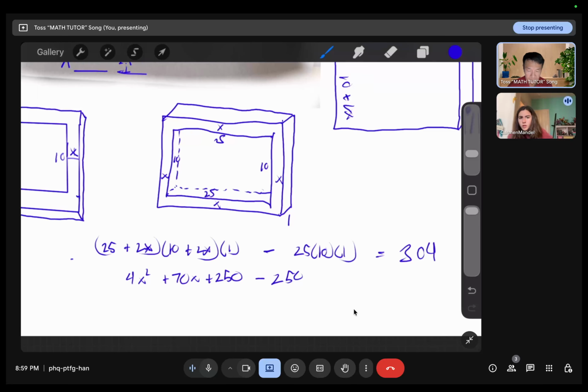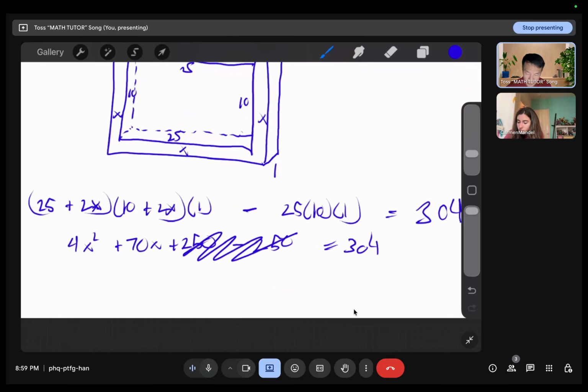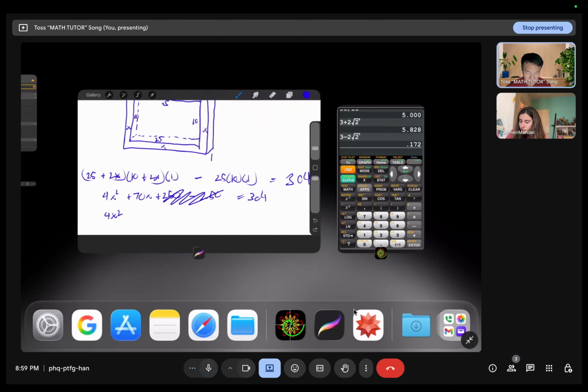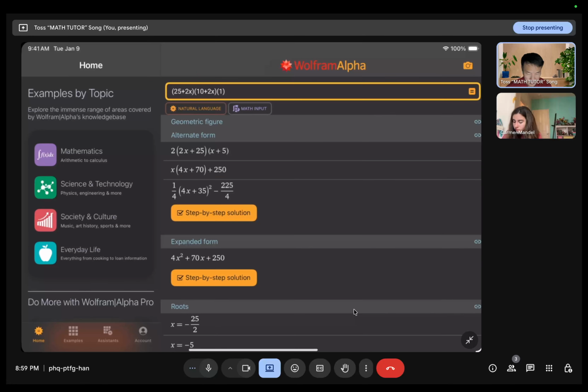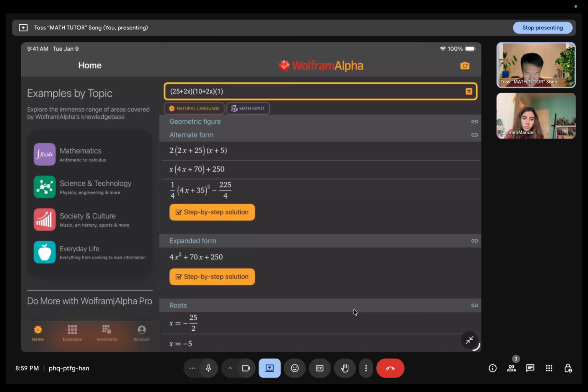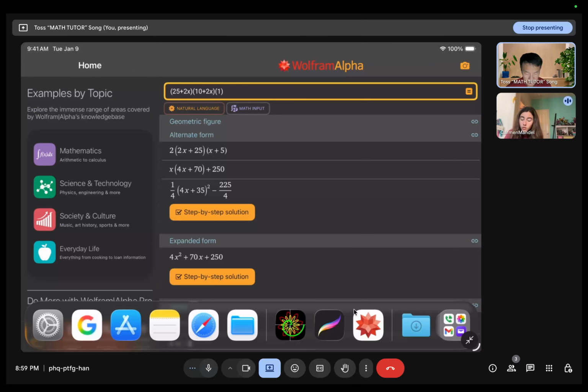That means all you need is this equals 304. And then subtract 304 over. Do you see what I did, right? I subtracted 250. Let me double check the equation here. Yeah, 70 and 250, yeah.